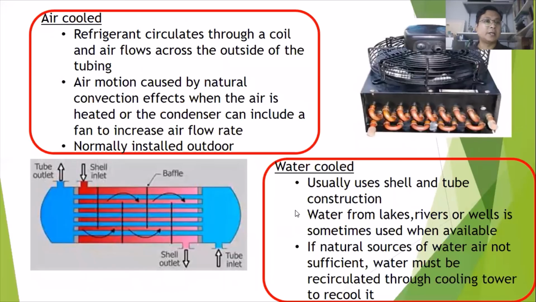Okay, now we go to the system using fin. Sorry, it's not a fin. Maybe this one is shell. Yes, this is the structure of the shell. Based on the figure, you can see this type is a shell. The refrigerant flows through a coil and airflow across the outside. So actually, two liquids work here.